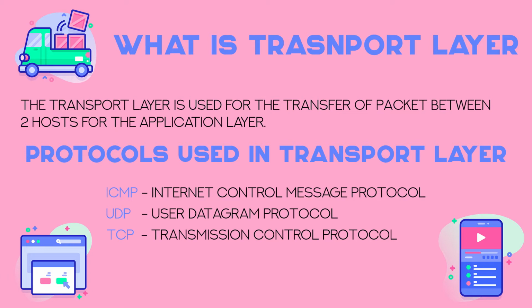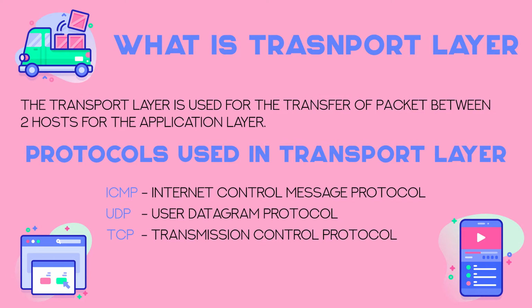Don't get scared, it's pretty easy. We'll look at it as we go along, but first let's understand what kind of protocols it uses for its operations and what their jobs are. The first protocol is ICMP, which is Internet Control Message Protocol.